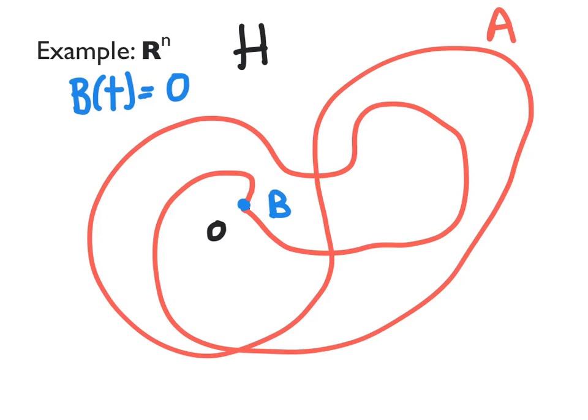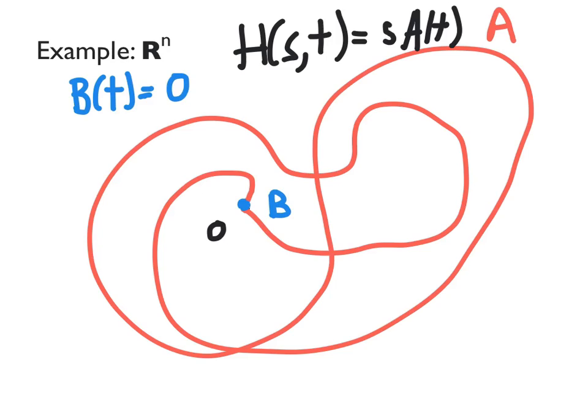I can just write down a homotopy. Okay, I need a one parameter family of paths that starts at A and ends at B. The parameter is this S. So all I need to do is to take the path A of t and multiply it by S. This makes sense because A of t is a point in Euclidean space.